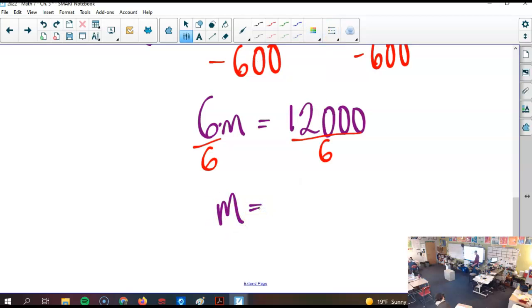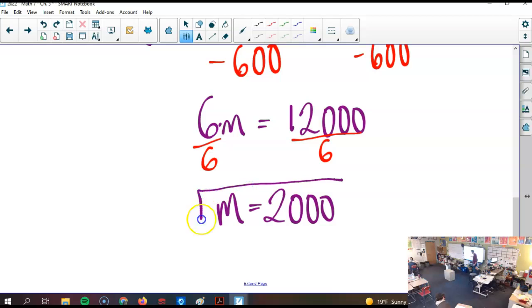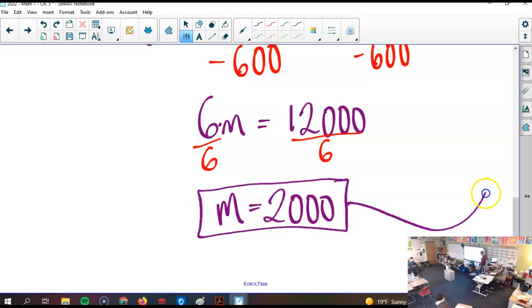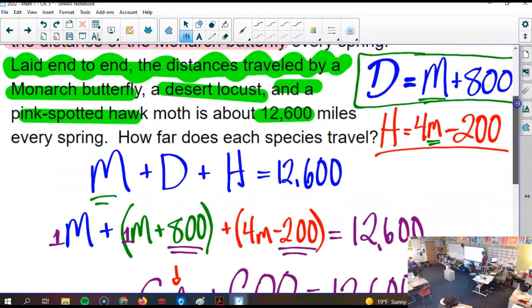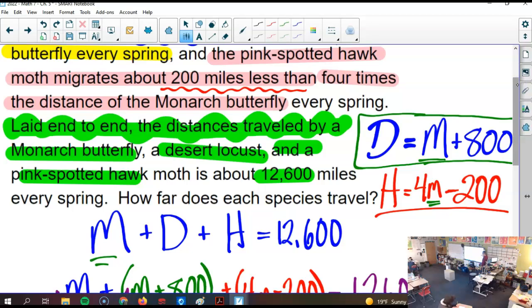And m would equal 2,000. But we're not done yet. Because now that I know what m equals, can I figure out what D and H equal? You betcha. Kylie? Yes, 8. You would just do 2,000 times 4 minus 200, which is 7,800.